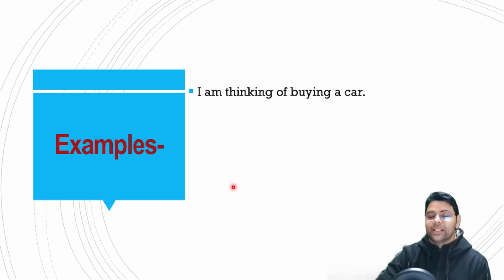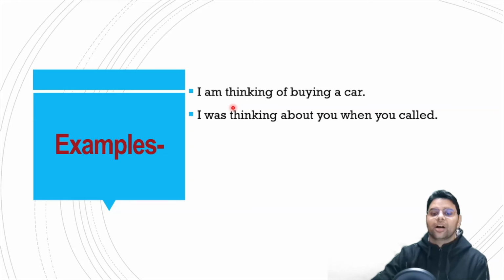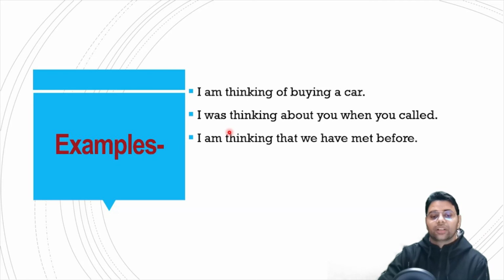I'm thinking of buying a car. So here it expresses the decision making or thinking process. So the verb is progressive and the sentence is correct. And if I say I was thinking about you when you called, this one is also correct because it also expresses the thinking process. But I'm thinking that we have met before.